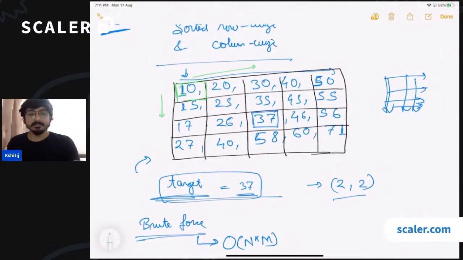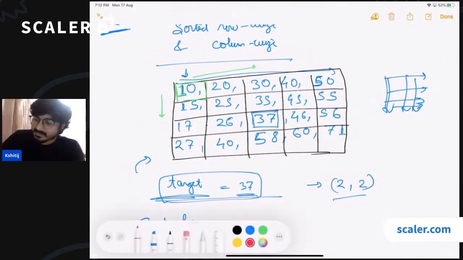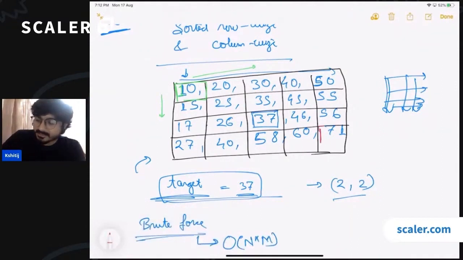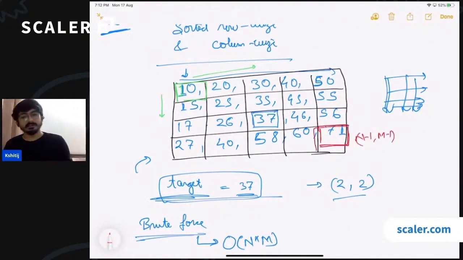Where can I find the largest element of this matrix? The largest element of this matrix is correct. It's going to be at the cell n-1, comma n-1. This last cell, right? This is going to be the largest of all. Now, if the target element is smaller than 0, 0, or if the target element is larger than this element, can I directly say that that element is not going to lie inside this matrix?